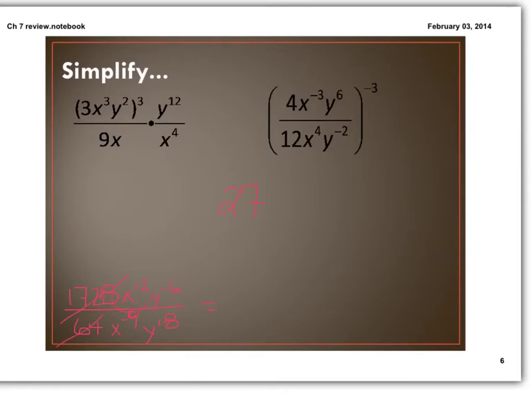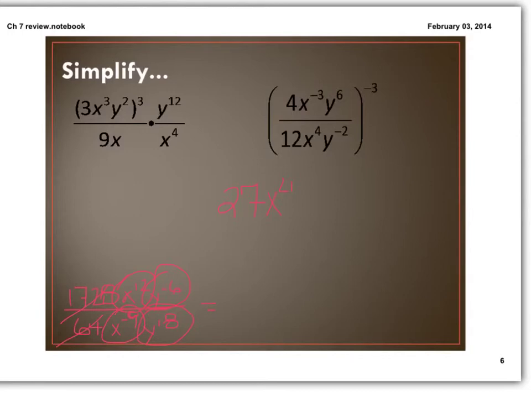And then x to the 12th divided by x to the negative ninth, we got to subtract. So 12 minus a negative 9 would be adding up to make it 12 plus 9, which would be 21. So that would be x to the 21st power. And then we would take y to the negative 6 minus 18 more.